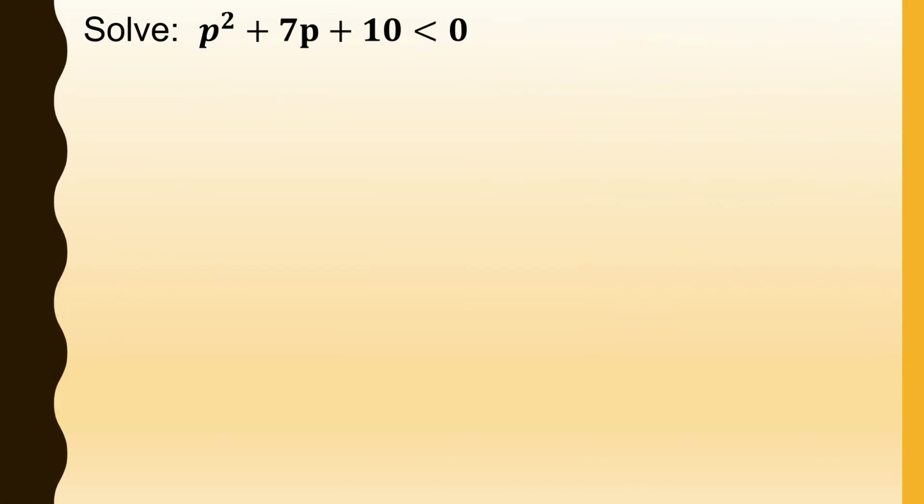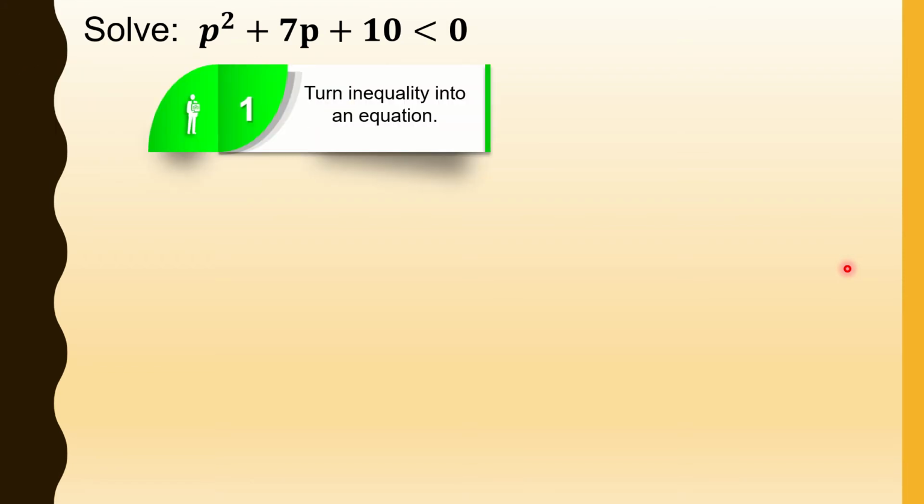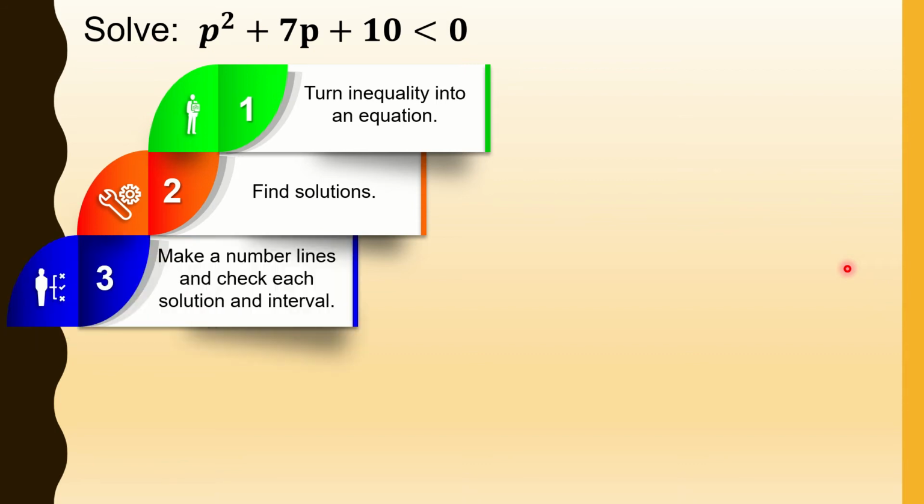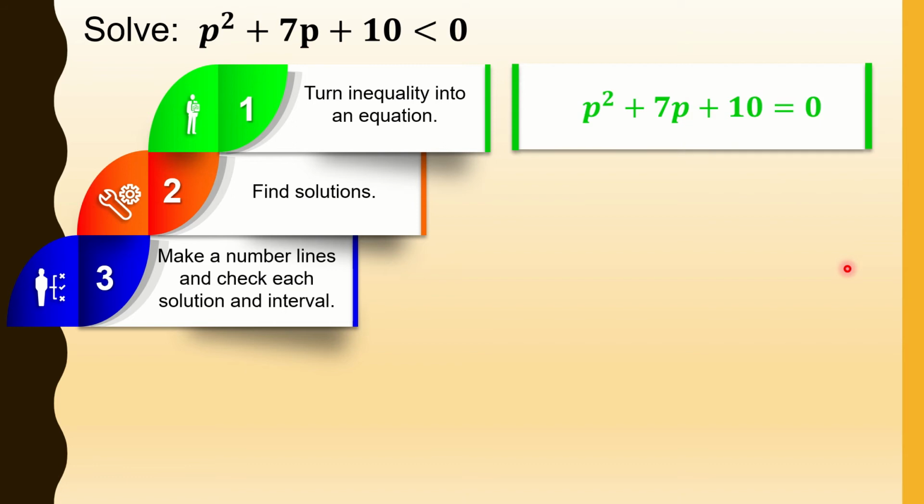Next, let us have another example. P squared plus 7p plus 10 is less than 0. Again, we need to turn it into an equation, find the solutions, make a number line, and check each interval. Making that into an equation, we have p squared plus 7p plus 10 is equal to 0.